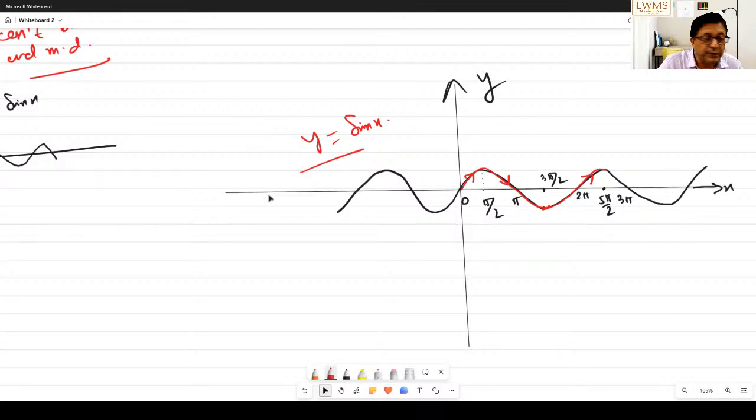If you give your answer that in the interval pi by 2 to 3 pi by 2 it is decreasing, and 3 pi by 2 to 5 pi by 2 it is increasing, it is perfectly alright, because you have specified where it is increasing and where decreasing. When you are stating pi by 2 to 3 pi by 2, it is not both, it is just one. 3 pi by 2 to 5 pi by 2, just one, not both.